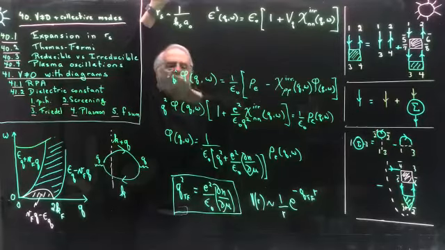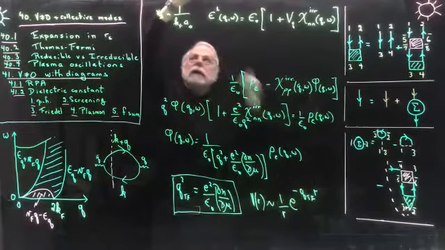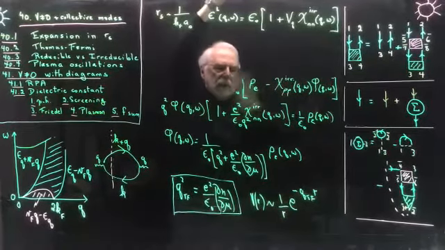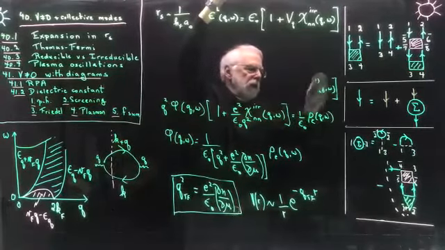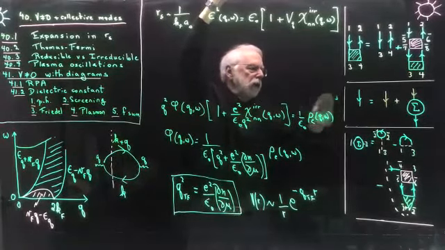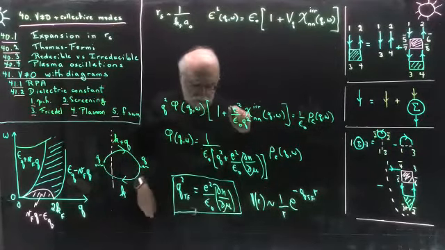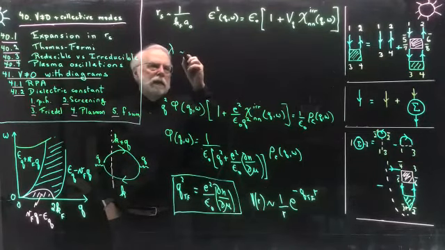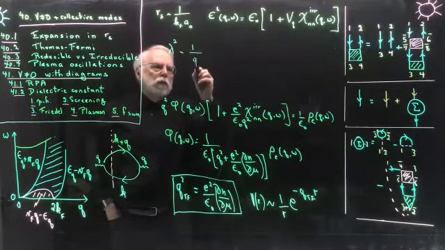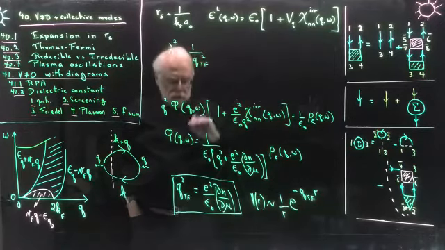So one last question I want to ask is, what is this distance? How does it scale with r_s? Again, I will not put all the constants, I will just do things in a very sloppy way. So the distance lambda squared is 1 over q Thomas-Fermi squared.